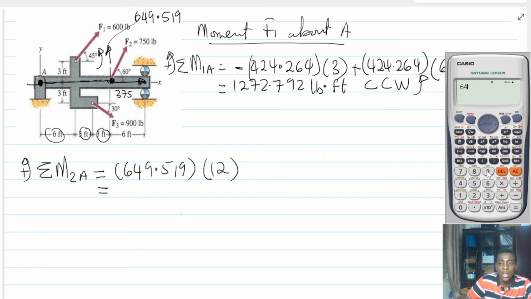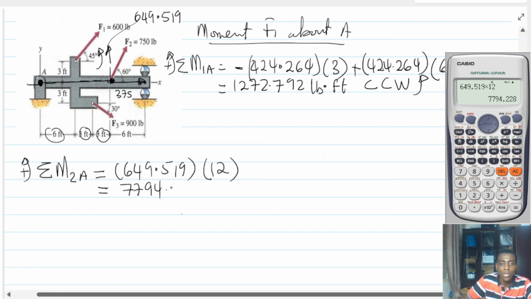What is the magnitude? Or what do we get? It's going to be 649.519 multiplied by 12, 7794.228. And the value is in pound foot. This is actually counterclockwise, or you can do this.